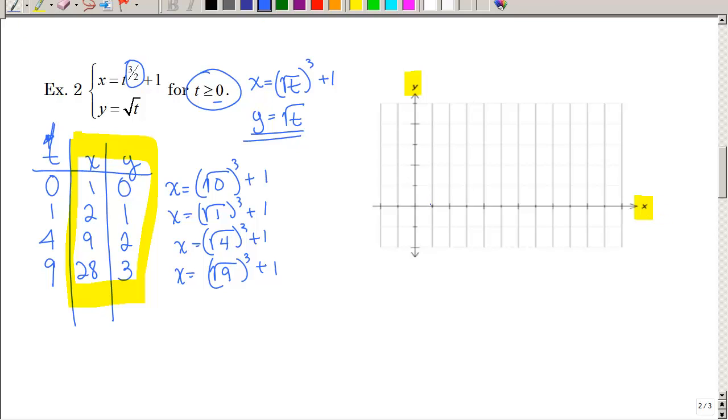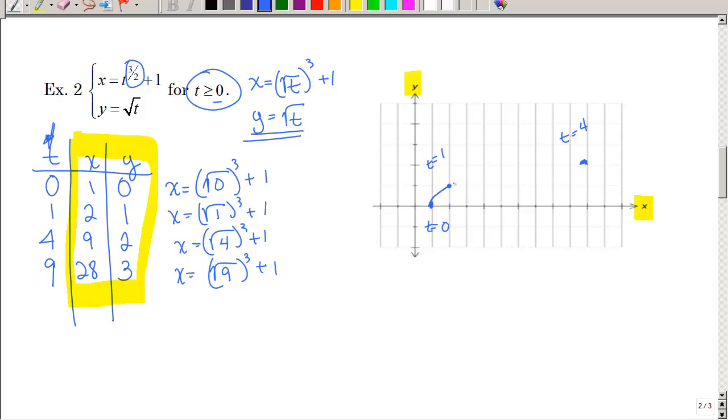Right, so 1, 0, and that's when t is equal to 0. 2, 1, and then 9, 2. 1, 2, 3, 4, 5, 6, 7, 8, 9, and that's when t is equal to 4.